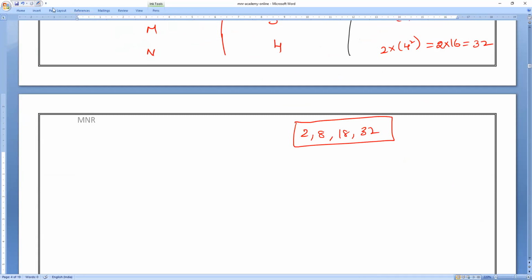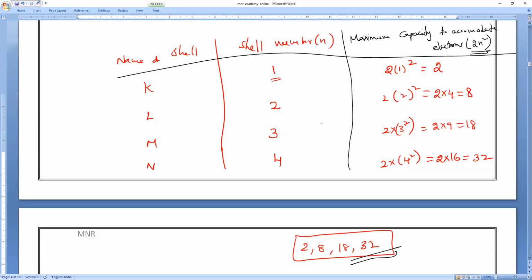Remember, this is not the number of electrons. This is the maximum number of electrons you can put in a given shell. But every atom does not have this many. This is the maximum accommodation.